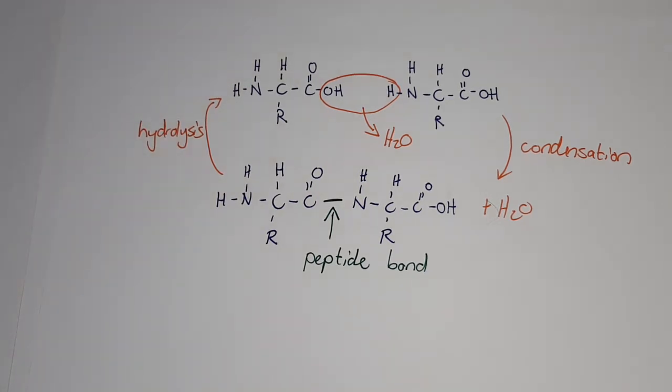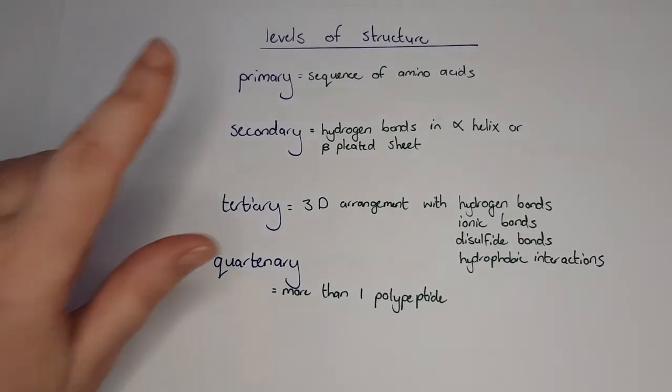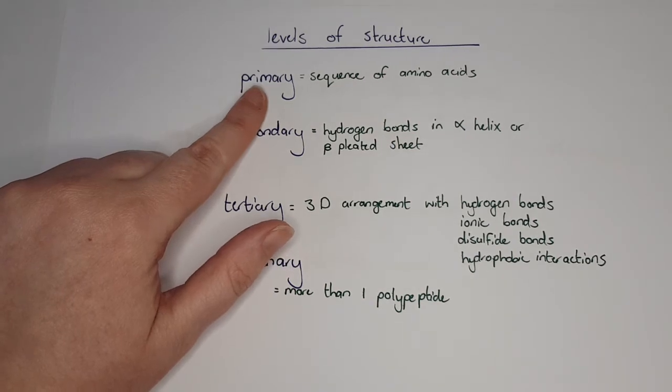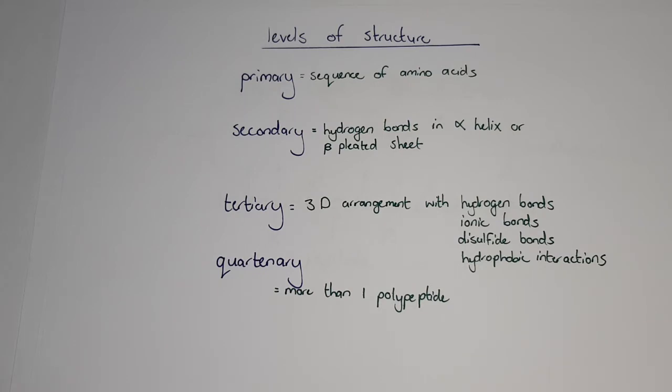Now, to make a protein what it is, we can't just get a single strand of amino acids. What we have are called levels of structure to a protein. The protein levels of structure are as follows. We start off with a primary structure. A primary structure is the sequence of amino acids.